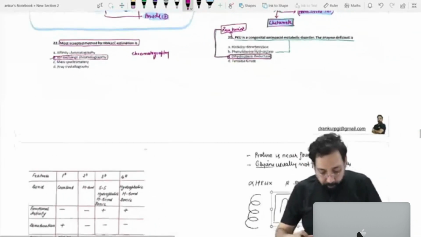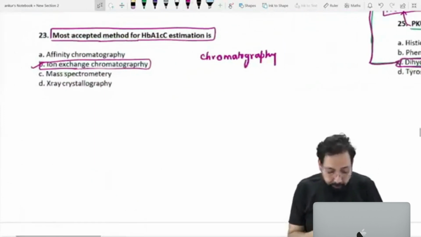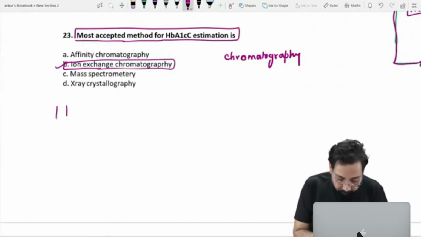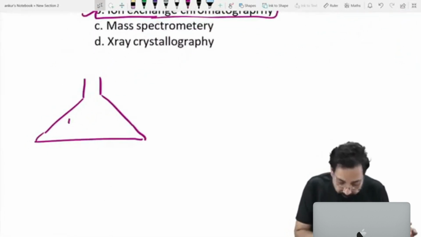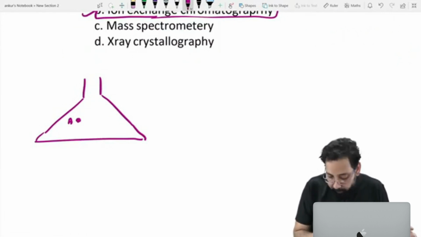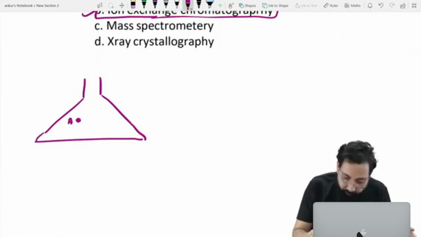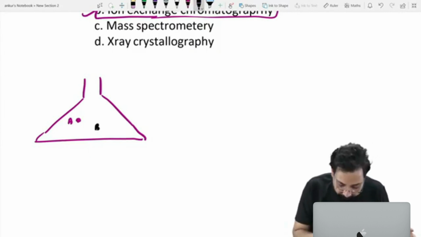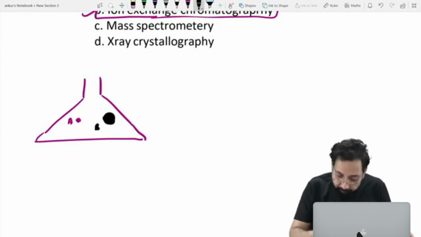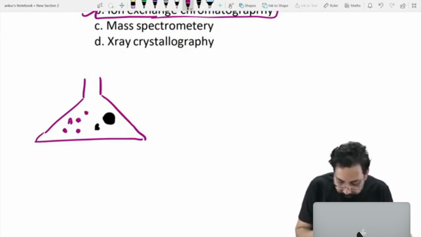What is chromatography? Suppose I give you a mixture of two proteins. Protein A is small, and protein B is large.